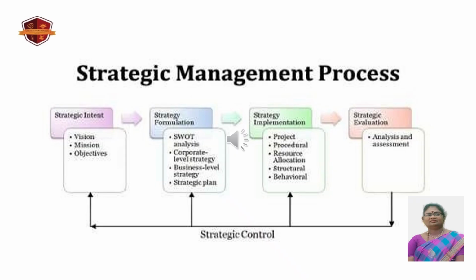Next one is corporate level strategies. Corporate level strategies include the various strategies the organization has adopted to involve the corporate aspects. It is focused on the top level aspects. Next one is business level strategies.